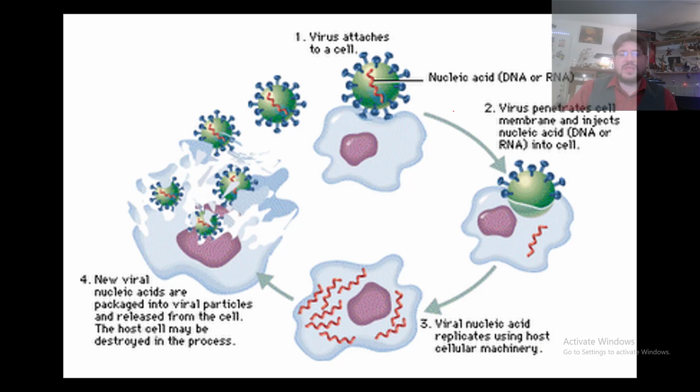So this is some terrible text resolution, but we have our virus here, and this is the cell to which it is specific. It attaches to the cell. This is its genome here, and it releases its genome into the cell.